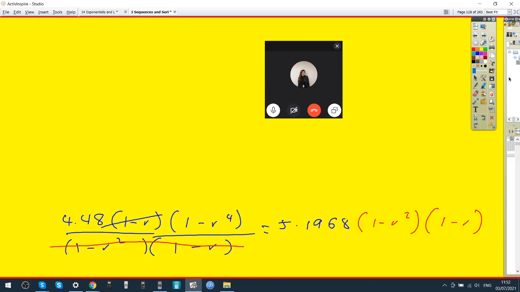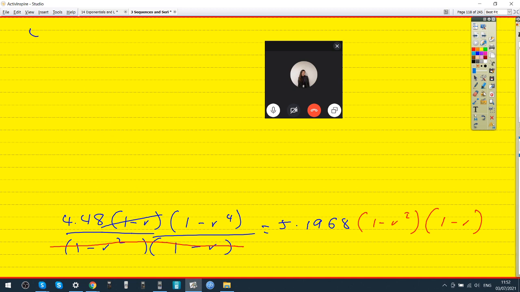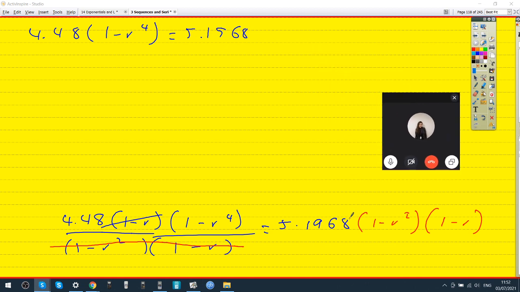So yeah, difference of two squares. And so 4.48 times 1 minus r to the 4 is equal to 5.1968, and this one is 1 plus r.